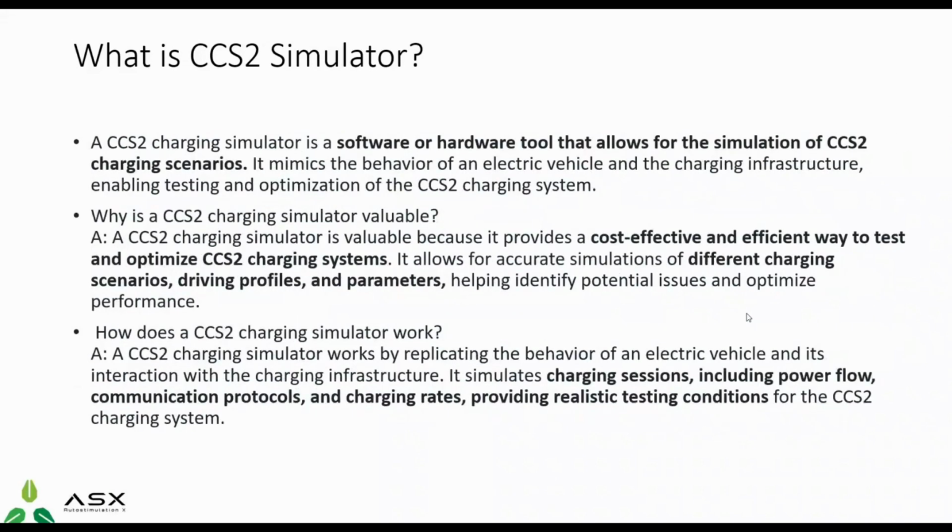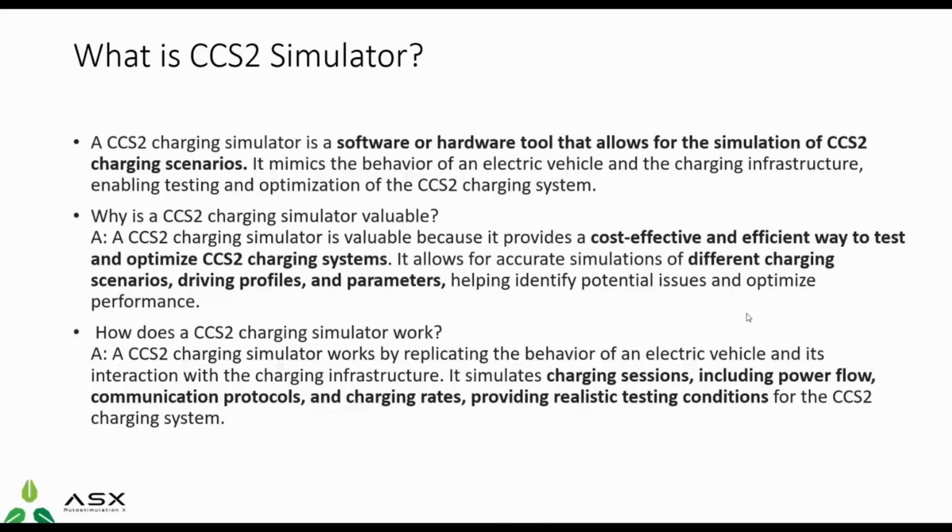So CCS2 is okay, but today we are talking about the simulator. A simulator is a hardware tool that allows the simulation of CCS2 charging scenarios.